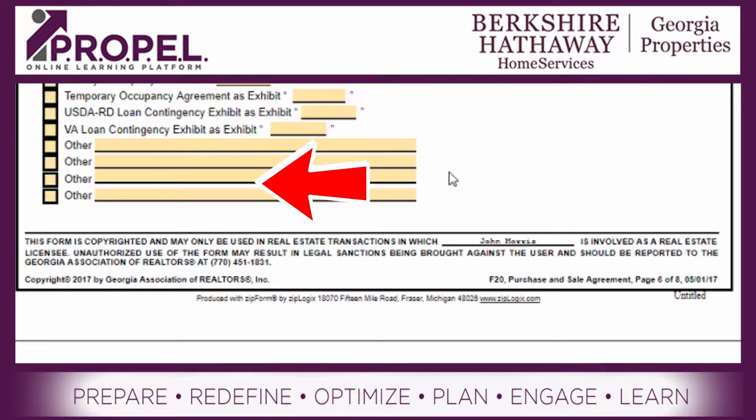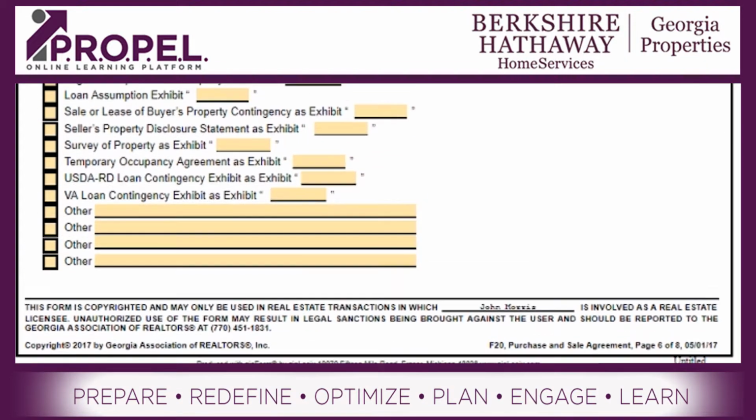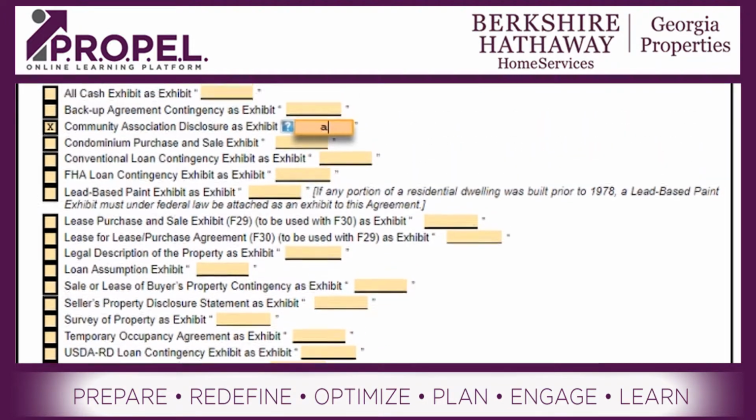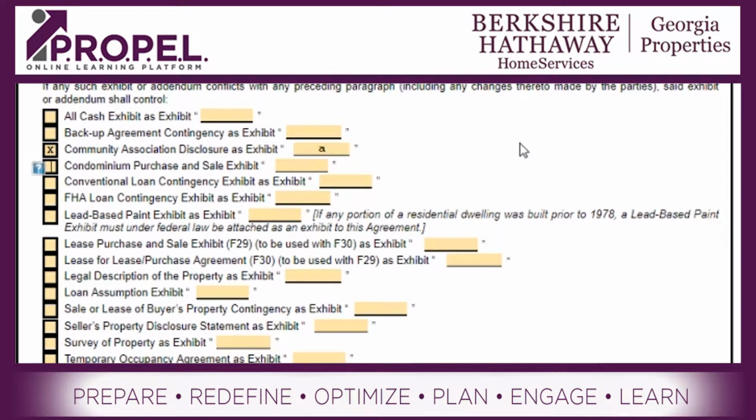Now, as far as lettering or numbering these exhibits, making them part of the contract, you see here we've made the Community Association Disclosure Exhibit A. Exhibits are letters, addendums or amendments to the contract are numbers. It's the preferred method.